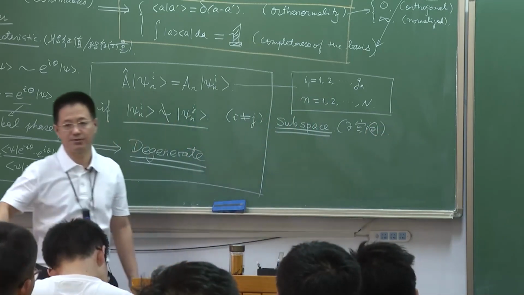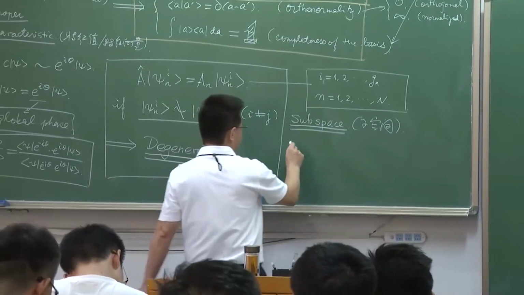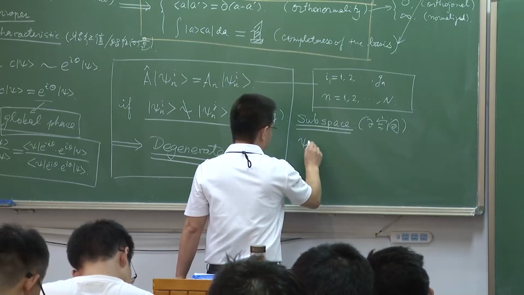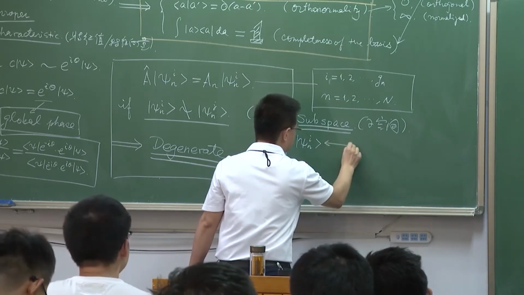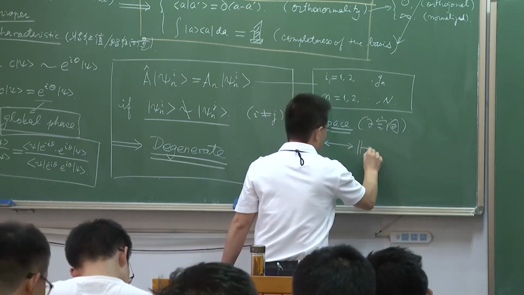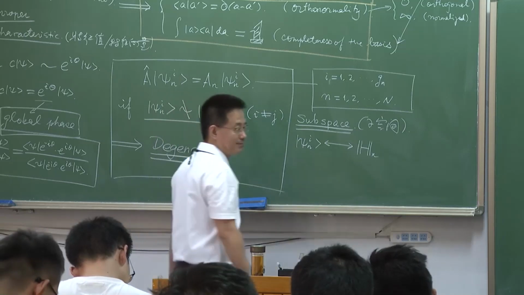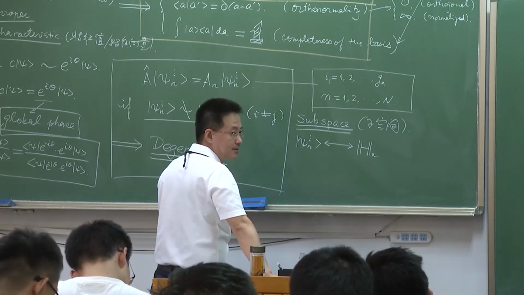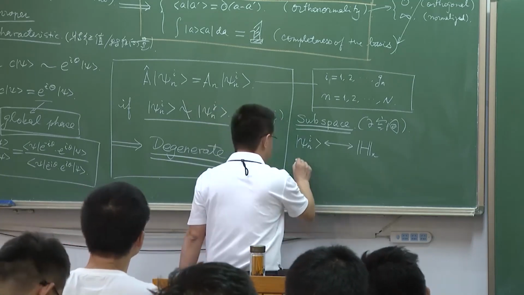It's a subspace of the Hilbert space. For each eigenvalue, it corresponds to the nth subspace. And for all the values that you can take for the whole Hilbert space, you will have this relation.